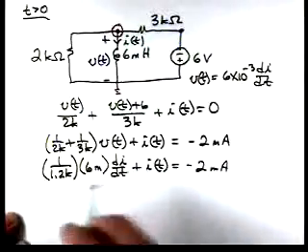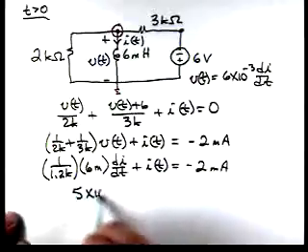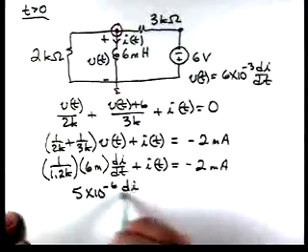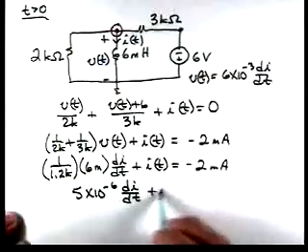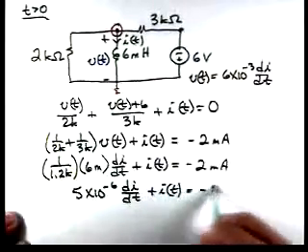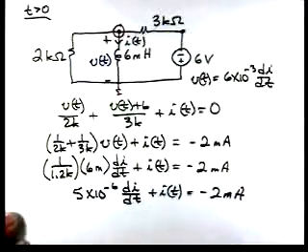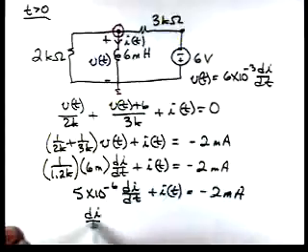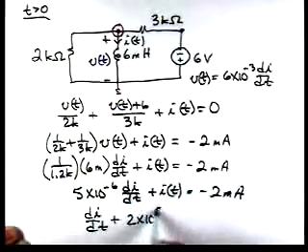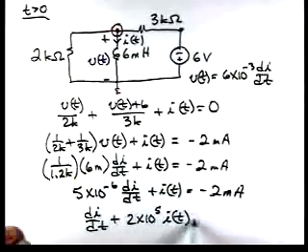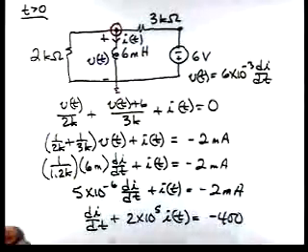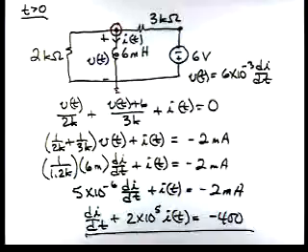And we get 5 times 10 to the minus 6 di/dt plus i(t) is equal to minus 2 milliamps. If we divide through by 5 times 10 to the minus 6, we get di/dt plus 2 times 10 to the 5th i(t) is equal to minus 400. So here's our differential equation.